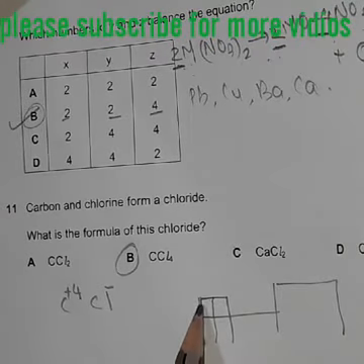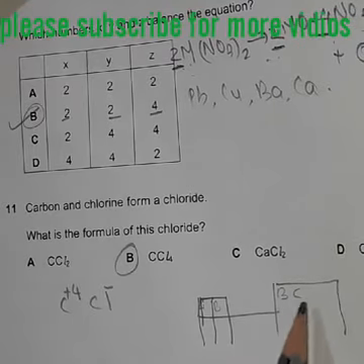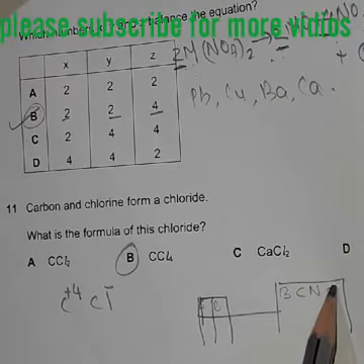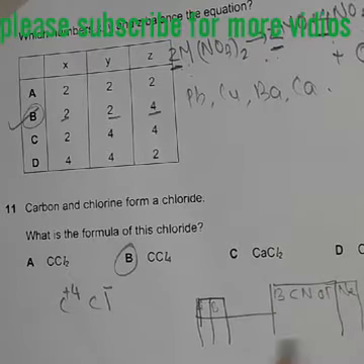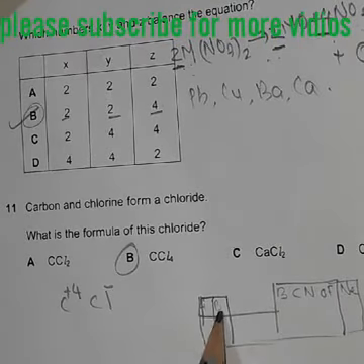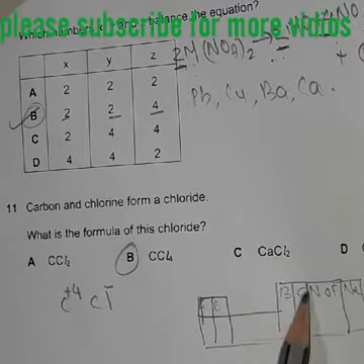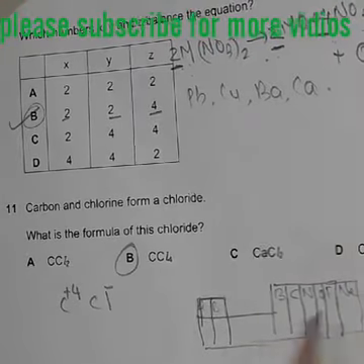Here you can see lithium, beryllium, boron, carbon, nitrogen, oxygen, fluorine, and here neon. It is group 1, group 2, group 3, group 4, 5, 6, 7, 8.